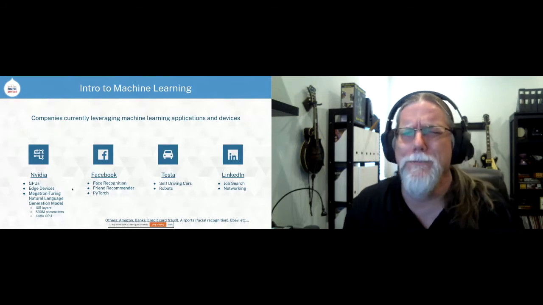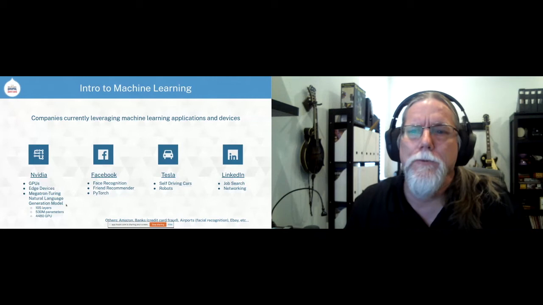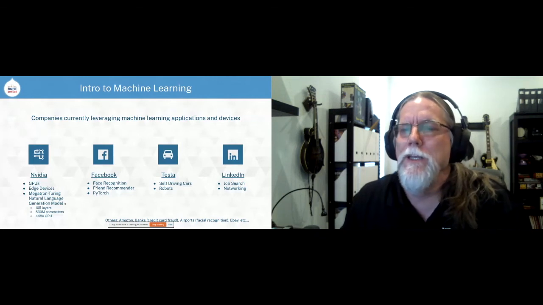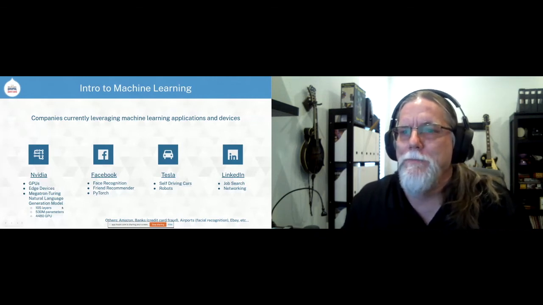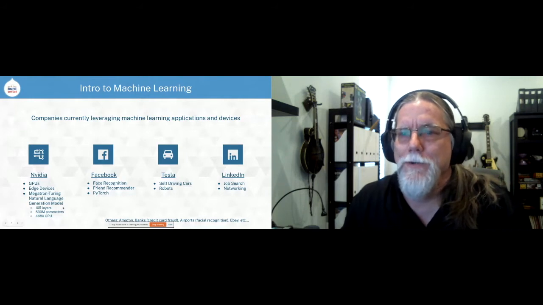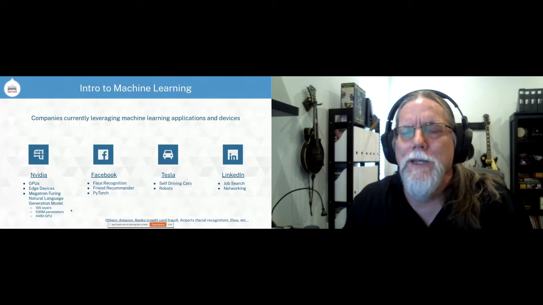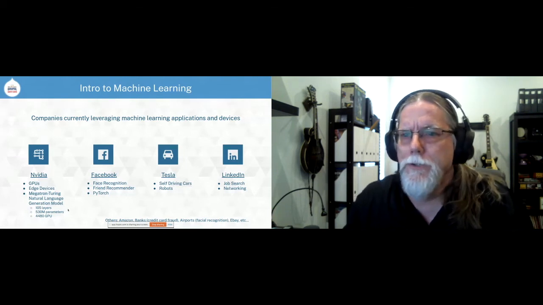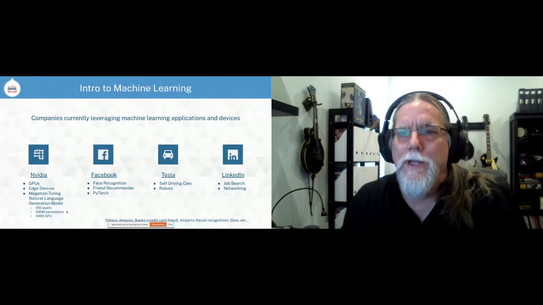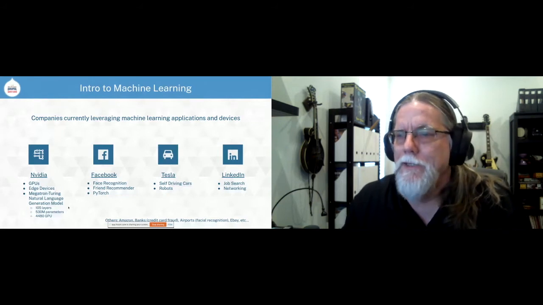And I'll talk about this a little bit later when we get into deep learning. But it's pretty huge. It has 105 layers. And again, I'll refer back to that when I talk about deep learning. 530 billion parameters, and it utilized 4,480 GPUs.